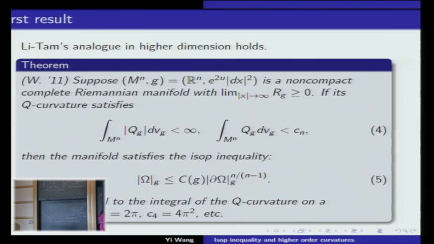So Q curvature is integrable, and the integral of Q curvature is strictly less than Cn, which was equal to 2 pi in the 2-dimensional case, the integral of the Gaussian curvature over the hemisphere. With those assumptions, one has the isoperimetric inequality on such a manifold. As the picture showed earlier, in this case you could possibly have longer and longer cylindrical parts. That's why this isoperimetric constant does depend on the metric itself.